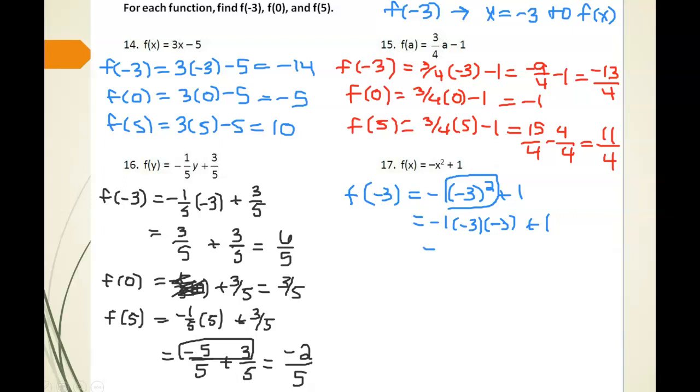So that's really negative 9 plus 1, which is negative 8. Everybody sees the negative and they want to turn it to a positive, but that negative on the 3 is trapped by the square. So negative 3 squared is positive 9 times negative 1, giving that negative 9.